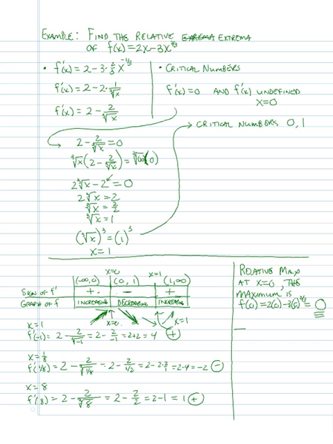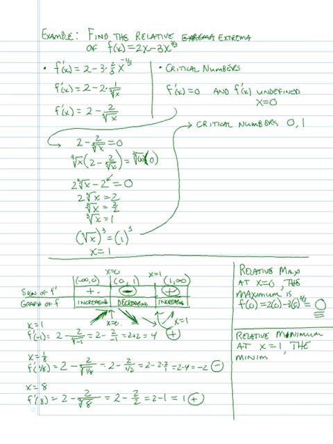Okay, now, we know we have a relative minimum. When we change from negative to positive, it was going down, now it goes up, so we have a relative minimum at the x value of 1. The minimum is the y value, isn't it?